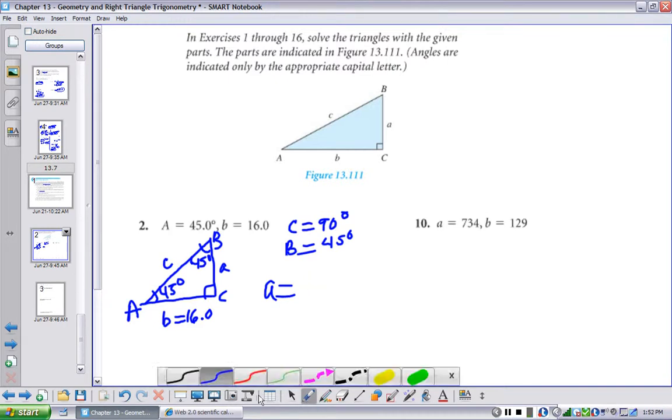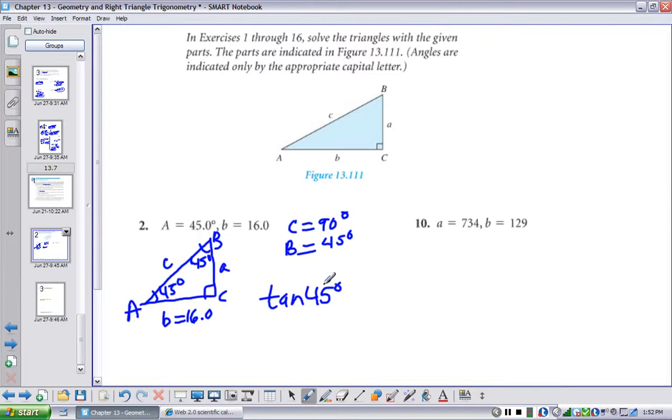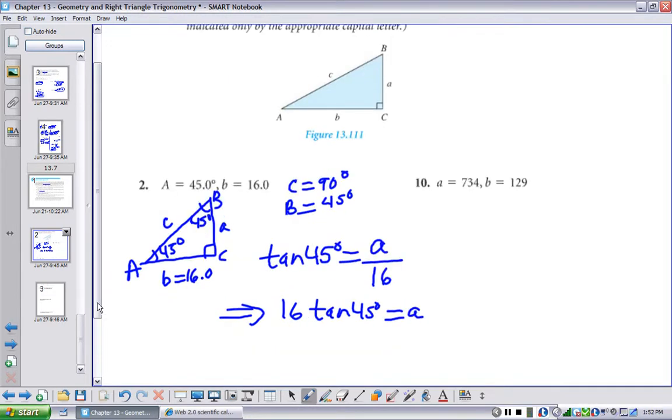We have the ratio of opposite over adjacent, and tangent of our 45 degree angle equals the opposite, which is a, over the adjacent, which is 16. So what this means is that 16 times tangent 45 degrees equals a. And if we put that in our calculator, we should get that a is 16.